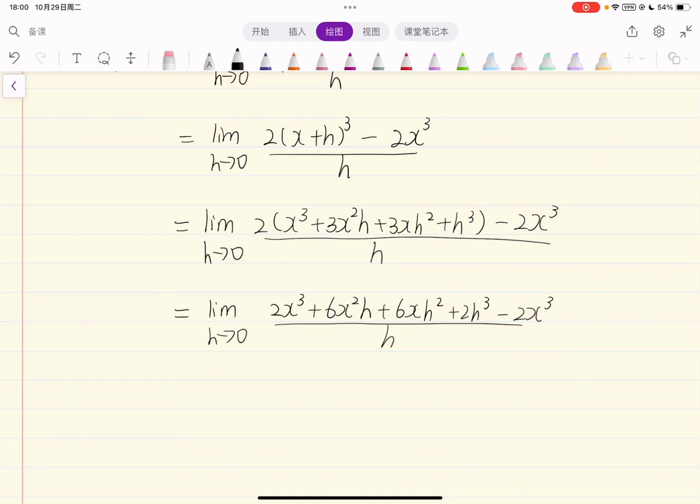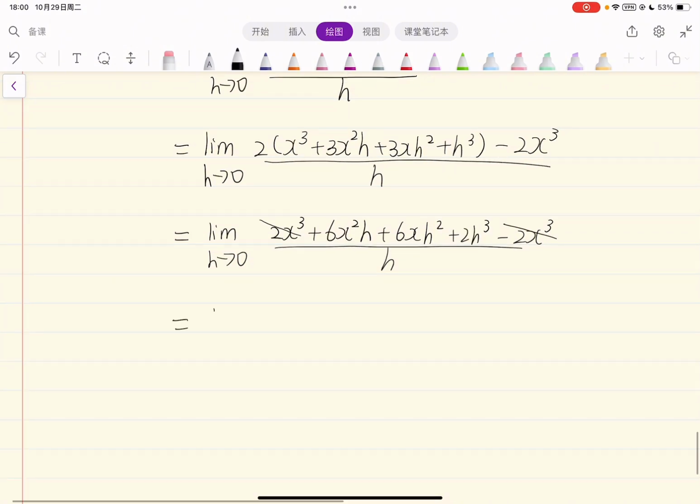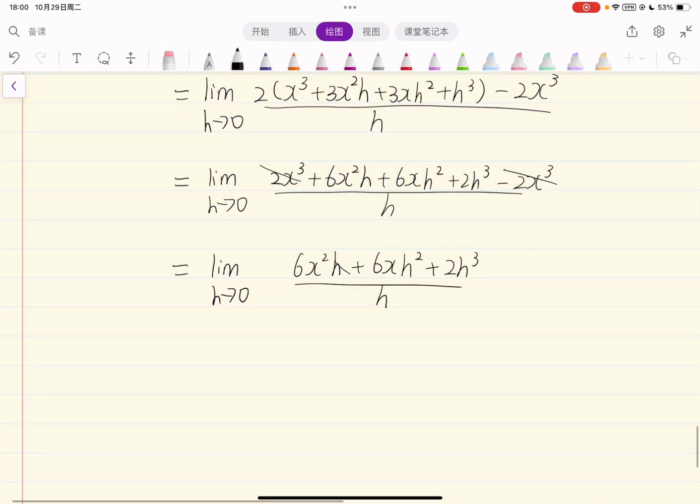Then we cancel the 2x cubed, so we are left with the limit as h tends to 0 of 6x squared h plus 6xh squared plus 2h cubed over h. Then we cancel the h: the limit as h tends to 0 of 6x squared plus 6xh plus 2h squared.